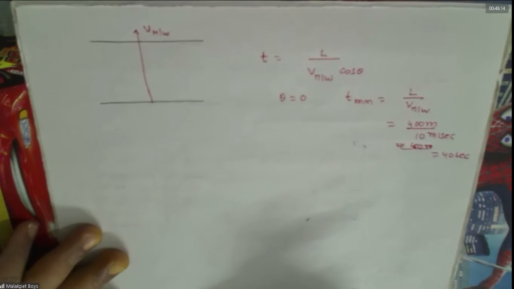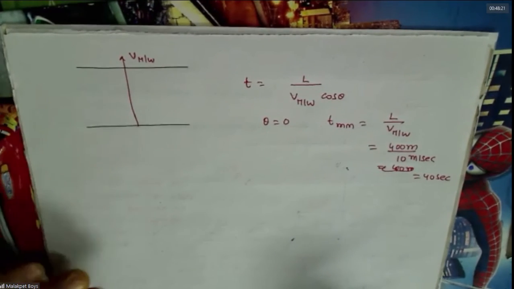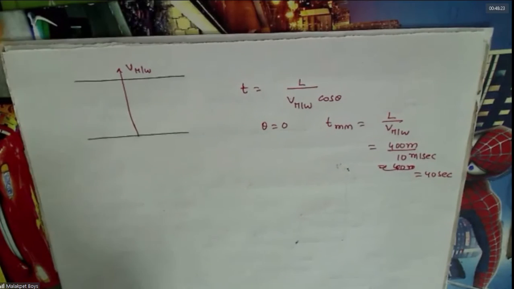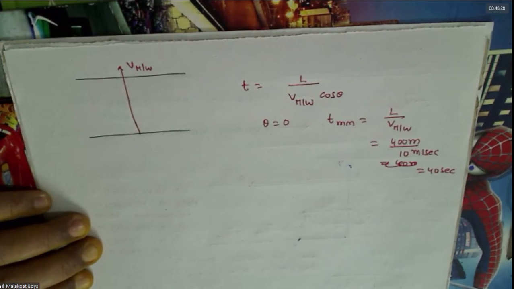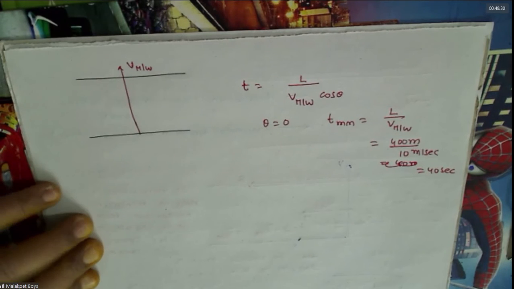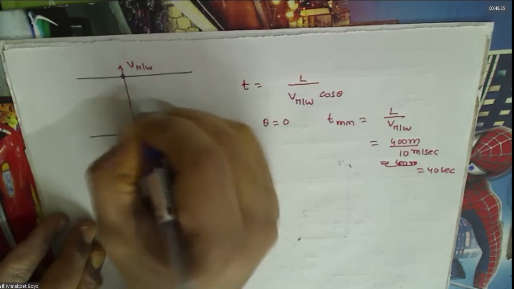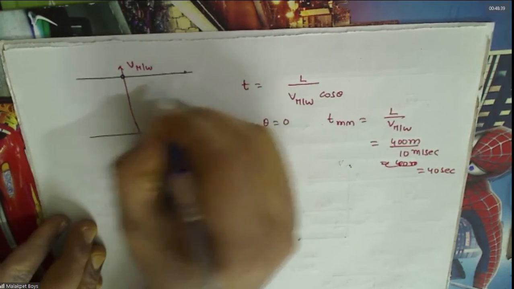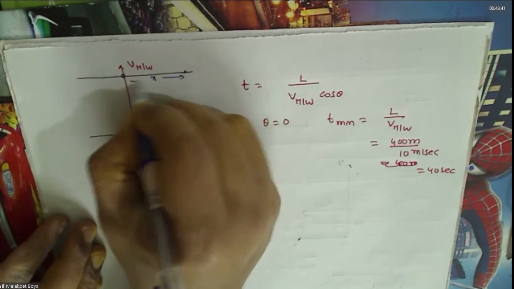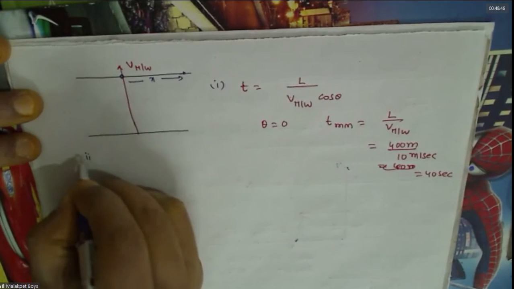Till here you followed or not? Followed, sir. So what is the second one he is asking? How far from the starting point he is supposed to reach. He is asking where he reaches. This is what is called drift only, no? So the second question is nothing but drift.